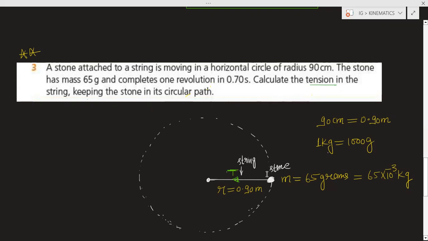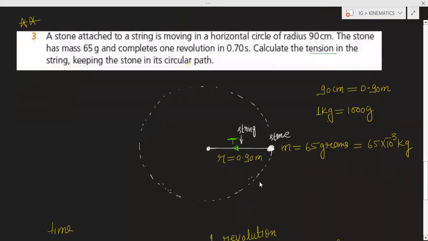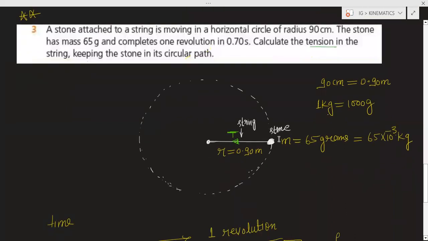Now we will calculate tension with the concept of centripetal force. Because the stone is moving in a circular path, there is a requirement of centripetal force, and that centripetal force will be the net force towards the center. And what is the net force towards the center? Tension force.